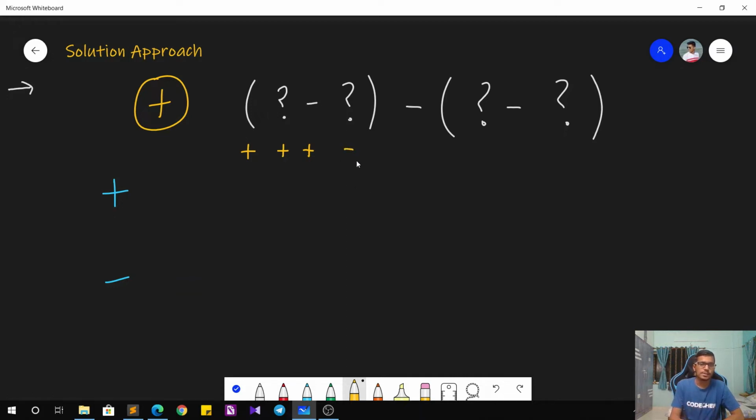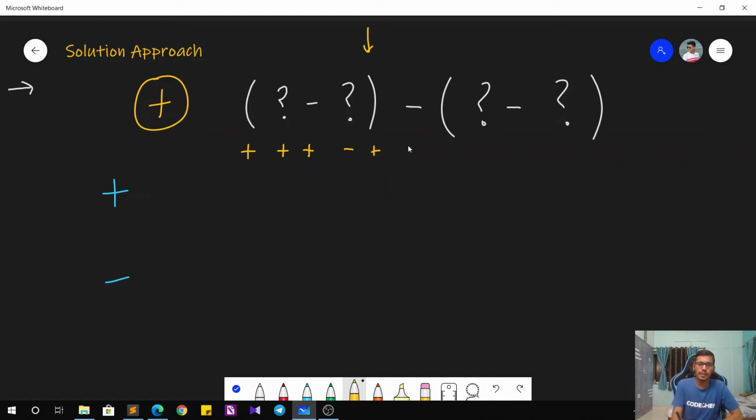Then as soon as I encounter a closing bracket, I revert the sign to that of its corresponding opening bracket. The corresponding opening bracket had a plus sign, so I will paste the same sign over here.